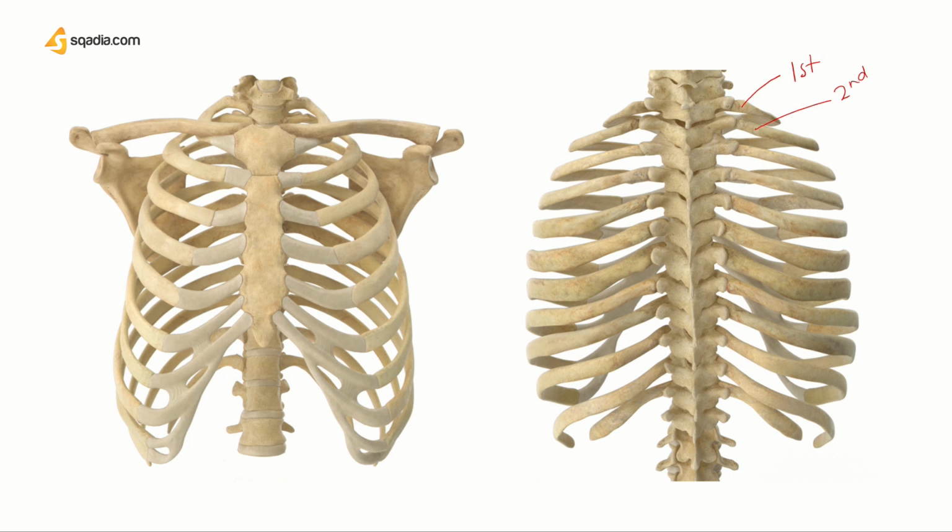Another important feature that I want you to notice is the spinous processes. If you look closely, these are more pointed. And this one here is not pointed. It's more prominent. This is a feature of the cervical vertebrae.